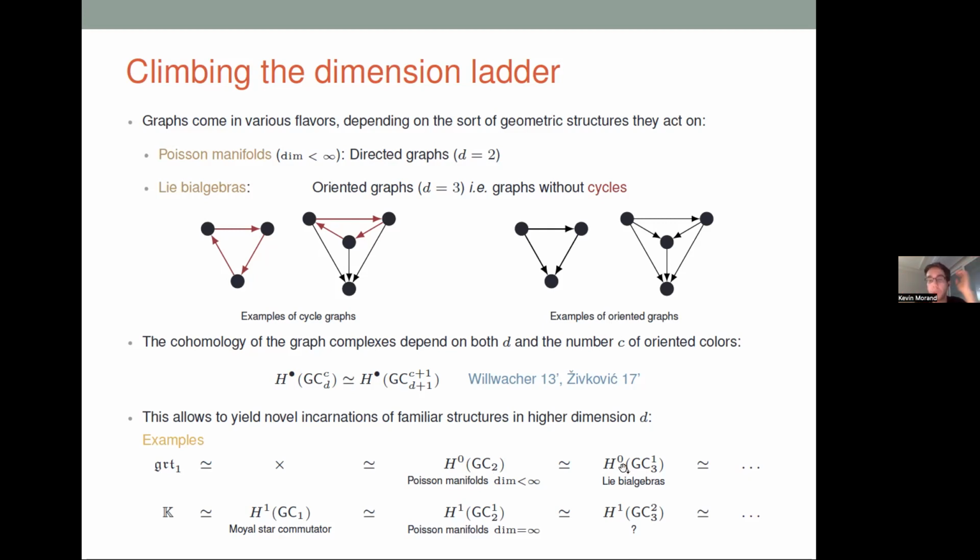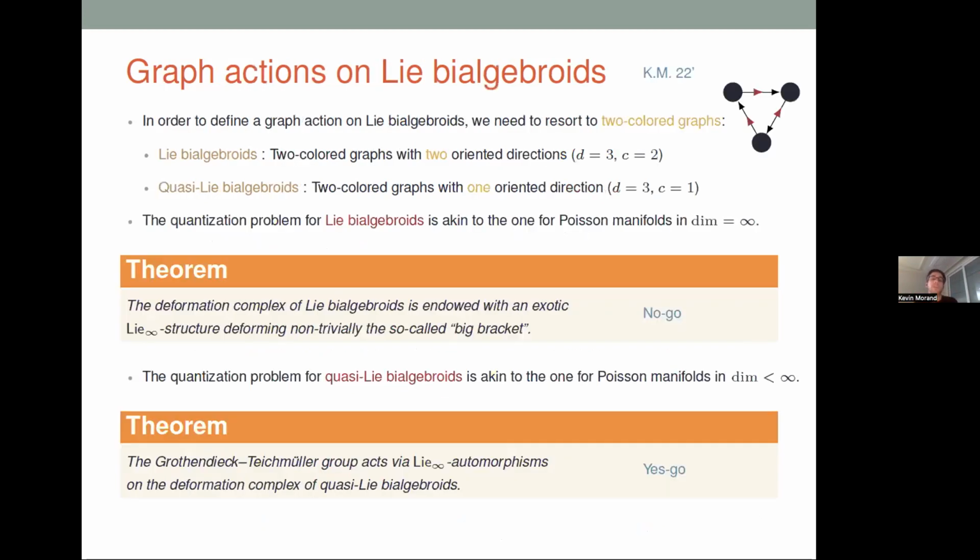This is the reason why the Grothendieck-Teichmüller group appears both for Poisson manifolds and Lie bialgebras. On the other hand, there is some obstruction, as we saw, to the quantization of Poisson manifolds in infinite dimension. And this obstruction must have some counterpart in dimension 3. And in fact, this obstruction precisely occurs when we deal with Lie bialgebras.